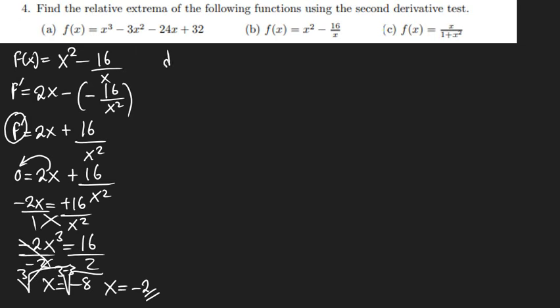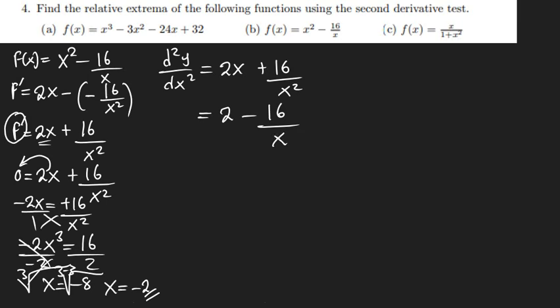And we find the second derivative. The second derivative, we are just finding dy dx of the first. So the first was this. So the second derivative, we find dy dx of this is going to be 2 minus the same 16, but this time around to the 3.